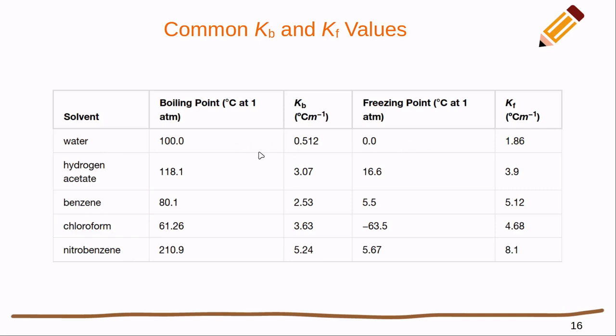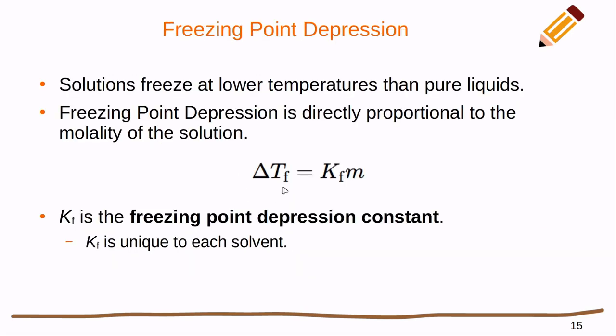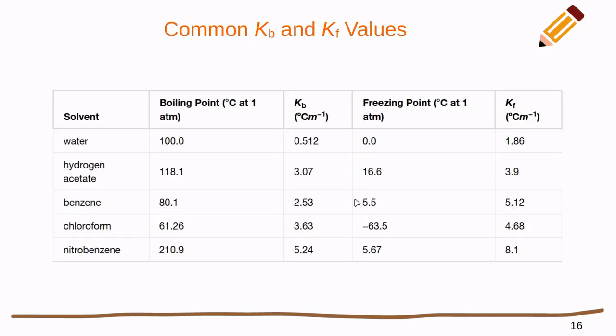We need to know what these points would be if we want to figure out what the new temperatures are going to be when we add our solutes, because remember, these equations only give us the change in temperature. I still need to do some math to figure out the new freezing point if I'm given the change in temperature, which means I need to know the old boiling point or old freezing point, and I need to know the Kb and Kf values.